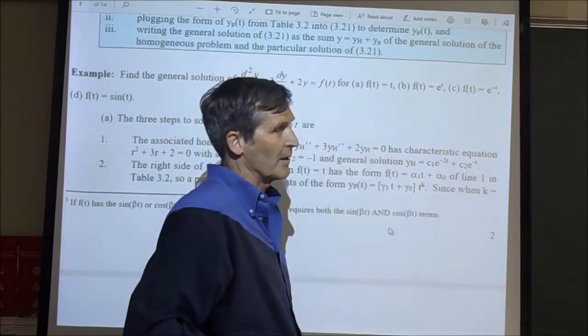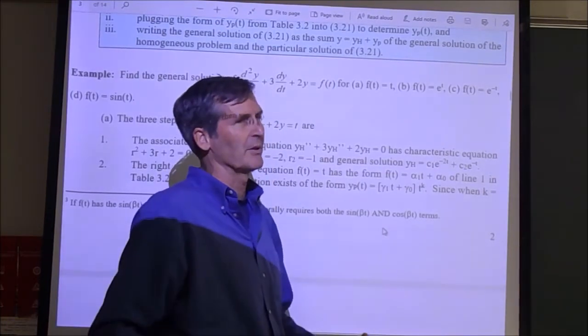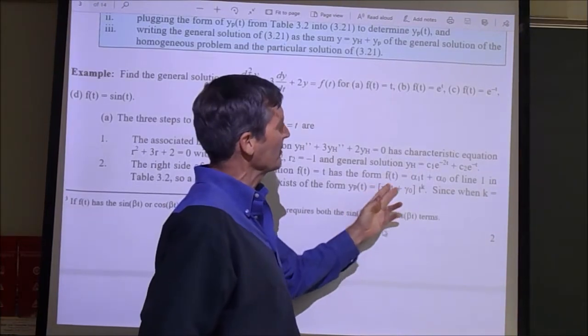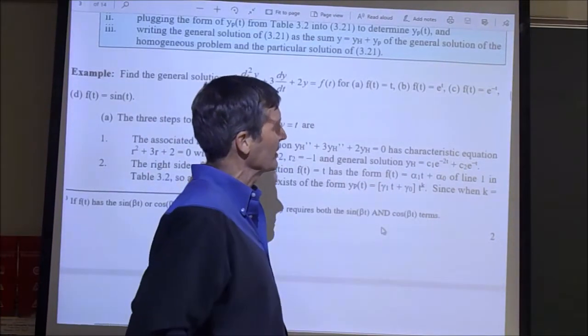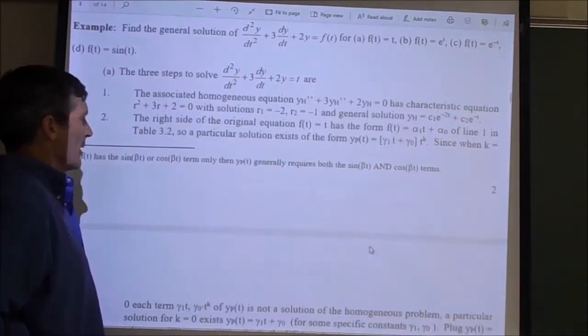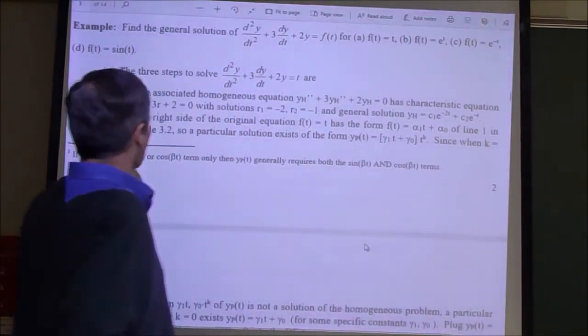It has exponential functions. If you put those in the Wronskian, you'll see they're linearly independent, but people from experience just know these constants and constant times t are independent functions from these. So we can put k equals 0, and each term will not be a solution of the homogeneous problem.